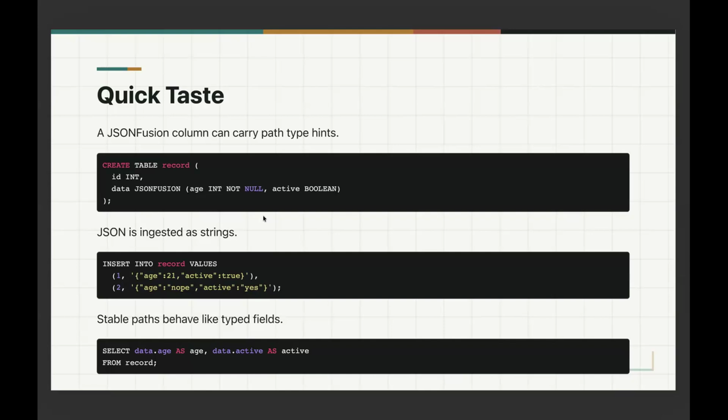Like we know every record or almost every record will have an age and an activity, and we know their types. By doing this, we can force the database to validate and maybe transform your input data into the expected data type, the leaf data type. And we can insert it as a string, and then we query it, using dot or some other JSON operators.